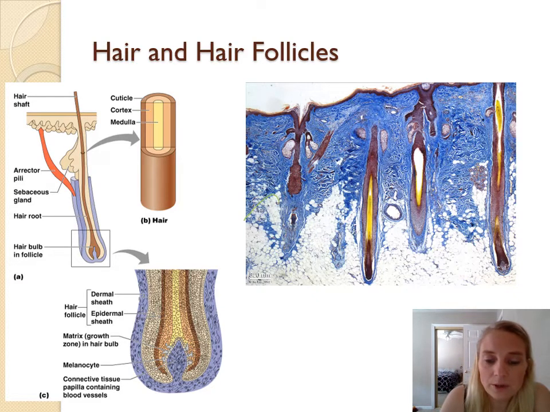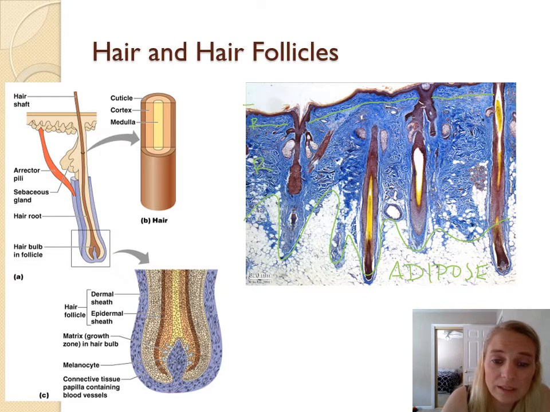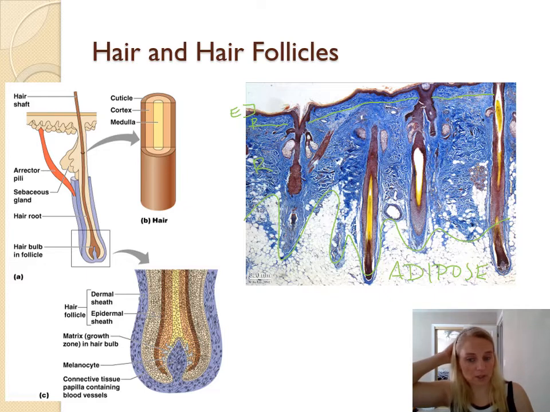Here's the boundary of the dermis, and you can see lots of adipose tissue. This is that adipose-rich subcutaneous fat layer. This is the reticular layer, here's the papillary layer, and it's really thin skin. So I'm just going to call that the epidermis. We can't even go into all the layers there.